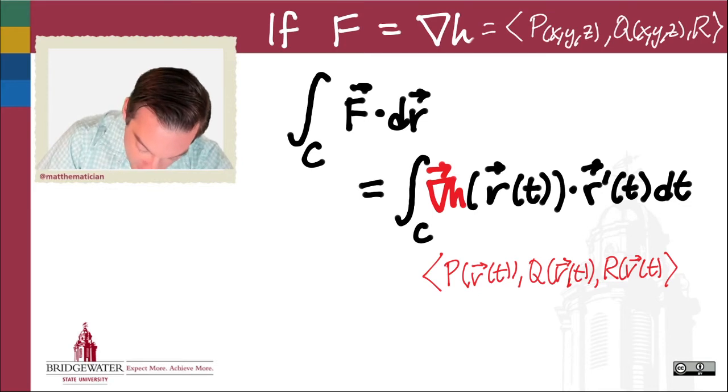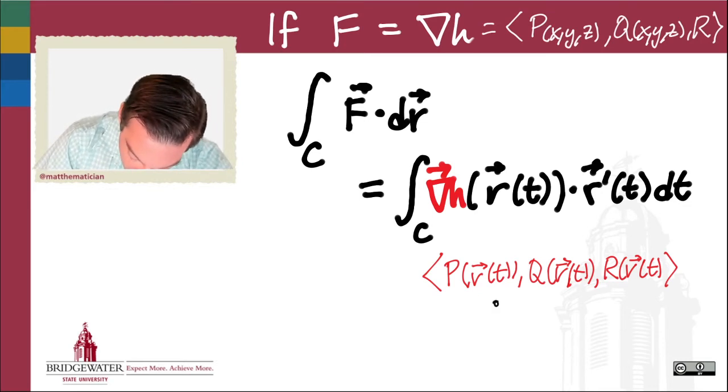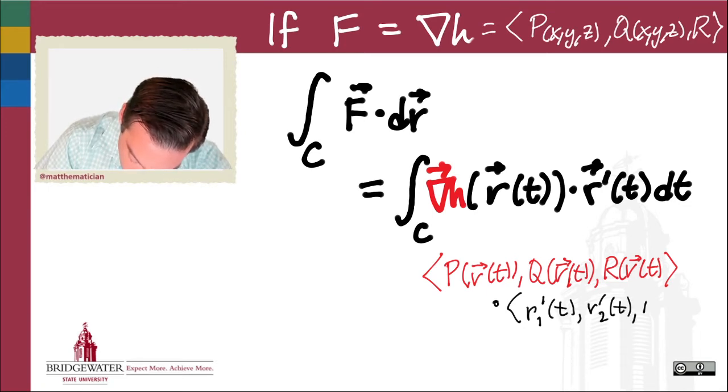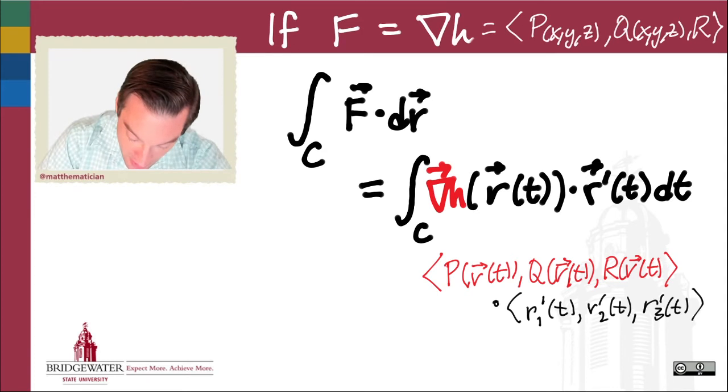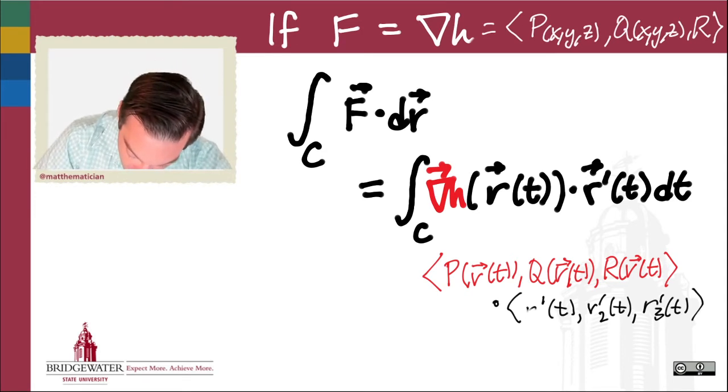And then I'm taking the dot product of that with the velocity vector r prime of t, which is r1 prime of t, r2 prime of t, r3 prime of t. Another way to think about r1, r2, and r3 is that they're the x, y, and z component functions for my parameterized curve. So I'm just going to call these x prime, y prime, and z prime.